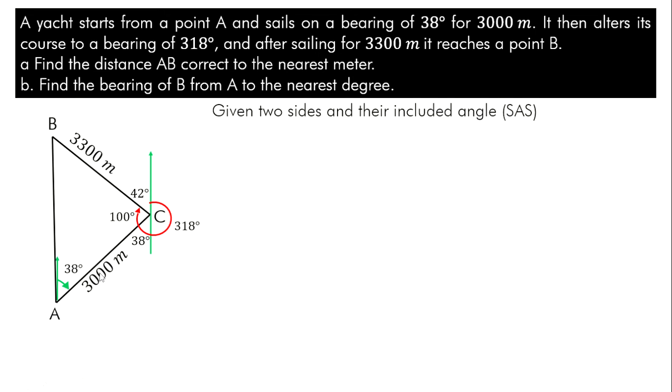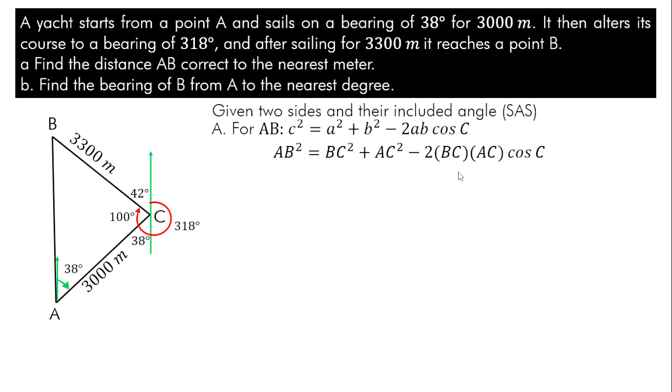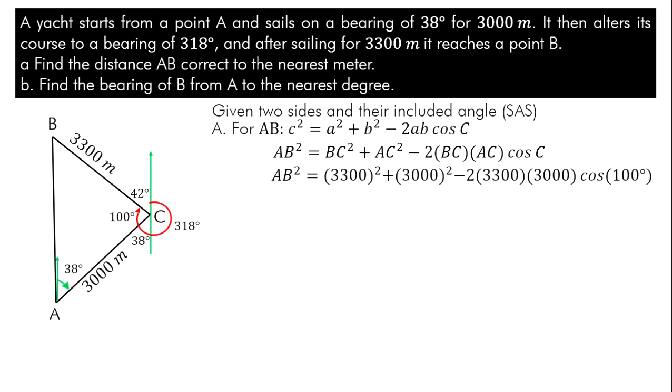Since this is side angle side, we will use the cosine law to identify AB, which is the side C. The formula is C squared equals A squared plus B squared minus 2AB cosine C. The side A is BC, and the side B is AC. Let's substitute: 3,300 squared plus 3,000 squared minus 2 times 3,300 times 3,000 times cosine 100.